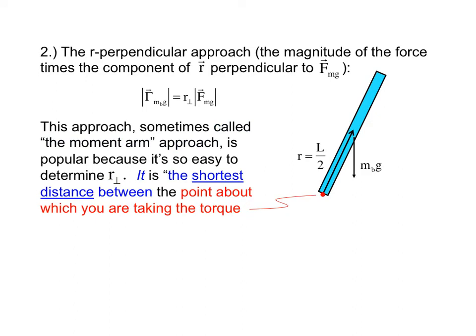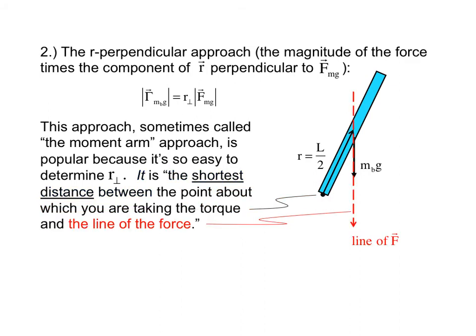That question is, what is the shortest distance between the point about which you're taking the torque, in this case the pin, and the line of the force, in this case the line of mg. So it's asking what's the shortest distance between that point and that line. If you just think about it, you can see that this is going to be the shortest distance between that point and that line. And once you have that visualized, then you can use the geometry to figure out how big that length is.